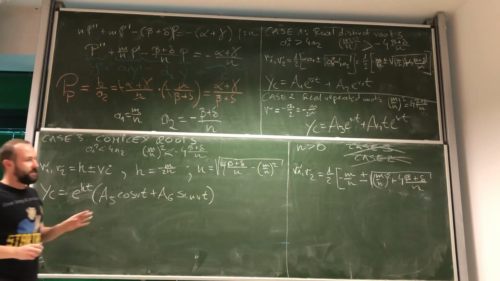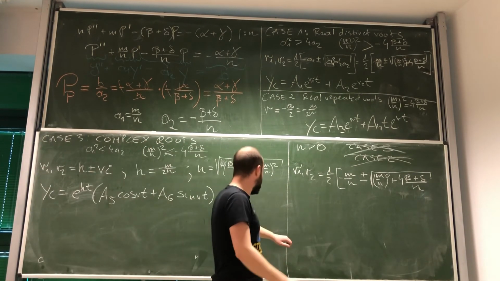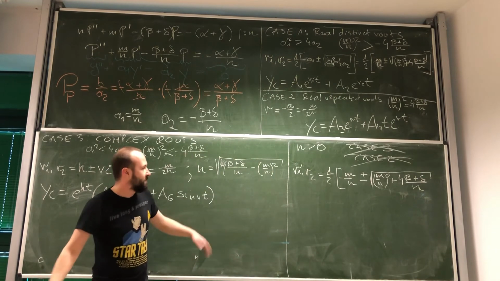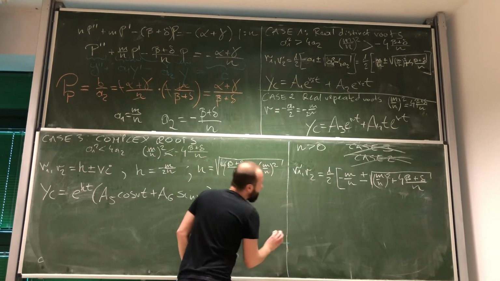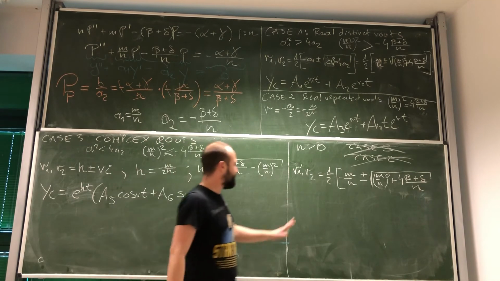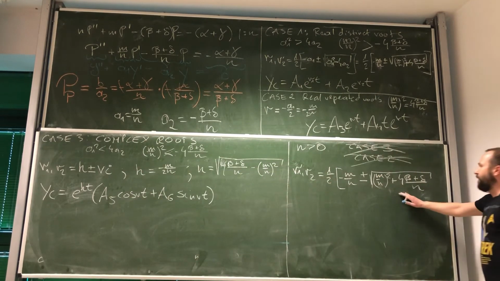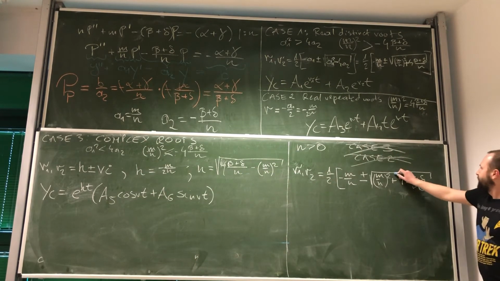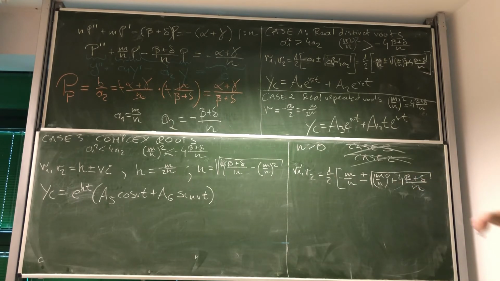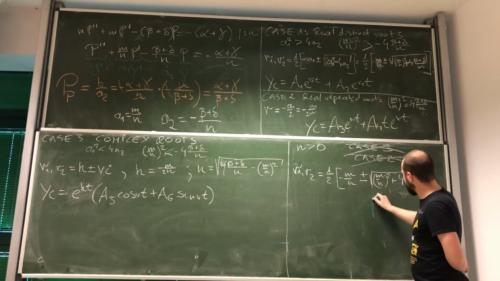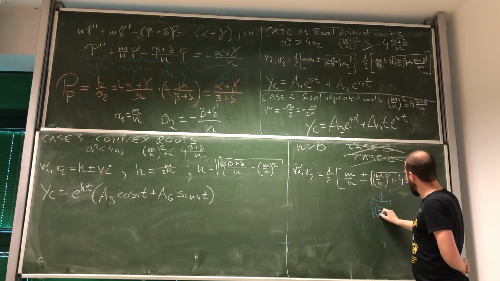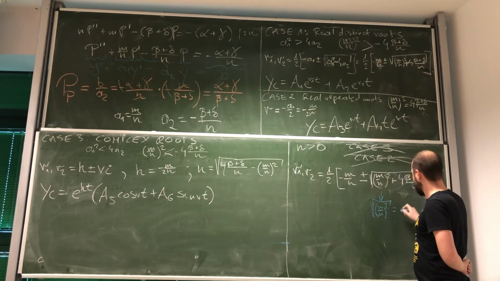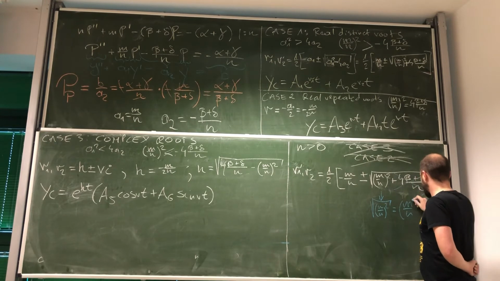This is a very specific case where we can get a lot of information, but we need to figure it out. Look, imagine for a second that there's no this part under the root. This is then equal to the square root of m over n squared, which is m over n, right?